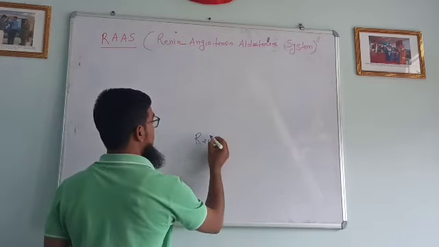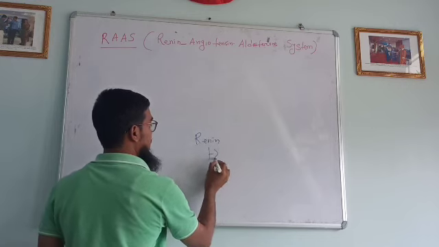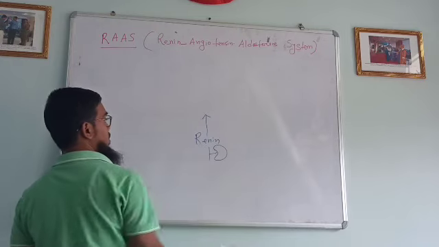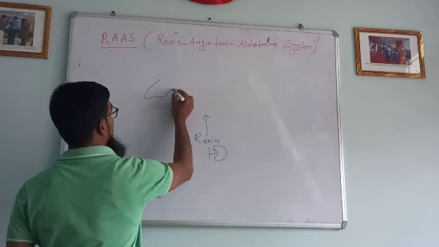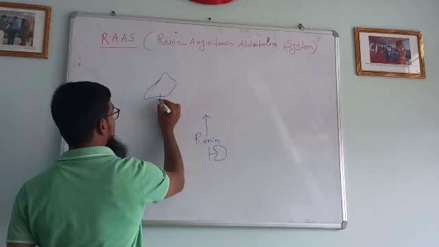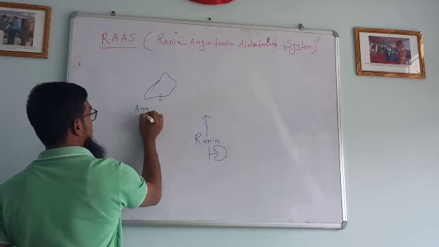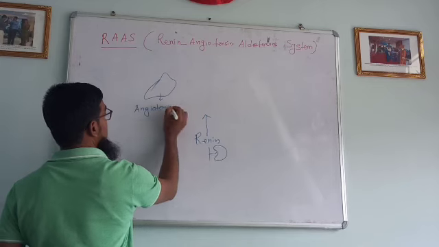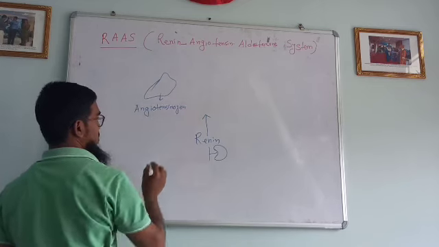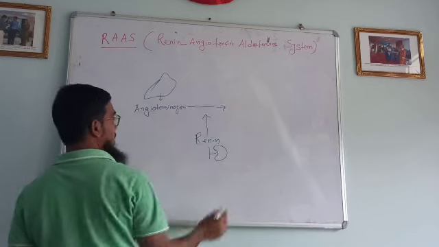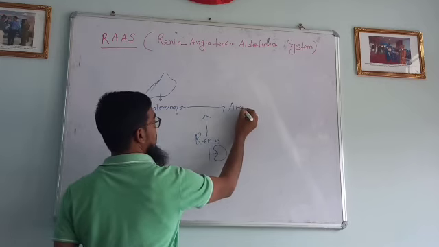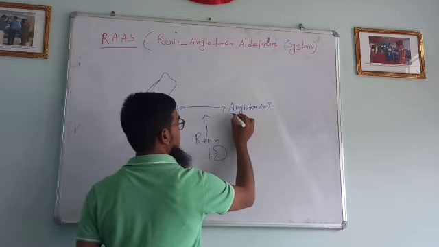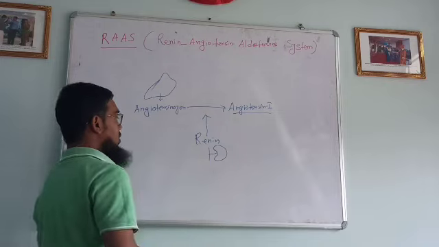Renin is a hormone which is released by our kidney and it reaches our systemic circulation. Our liver releases one protein which is called angiotensinogen, a precursor, which is converted to angiotensin 1 in the presence of renin.